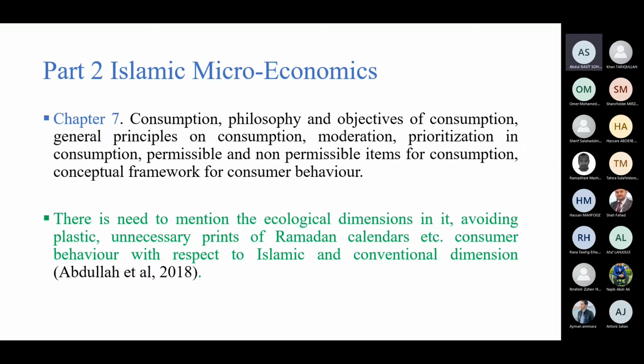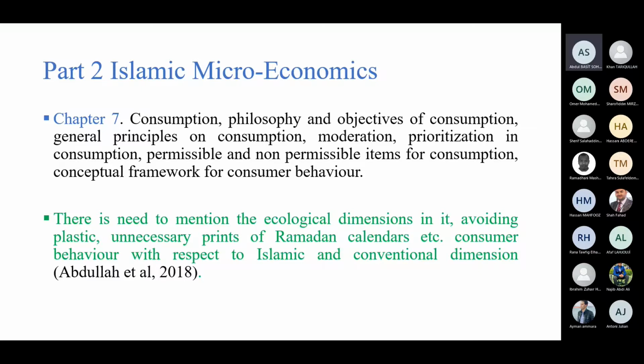In chapter 7, the book mentioned consumption, philosophy and objectives of consumption, general principles of consumption, moderation, prioritization in consumption, permissible and non-permissible items for consumption, and a conceptual framework for consumer behavior.